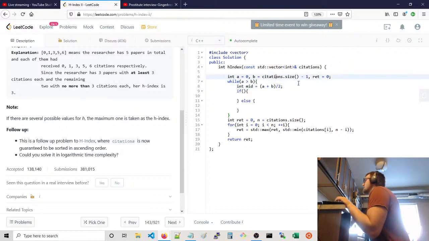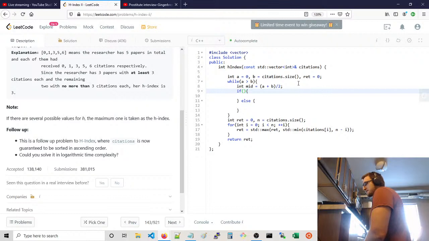It's a little confusing. We'll do it this way. Basically we want to say if mid is a possibility, right?